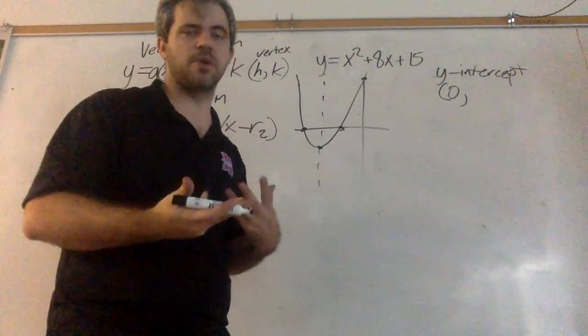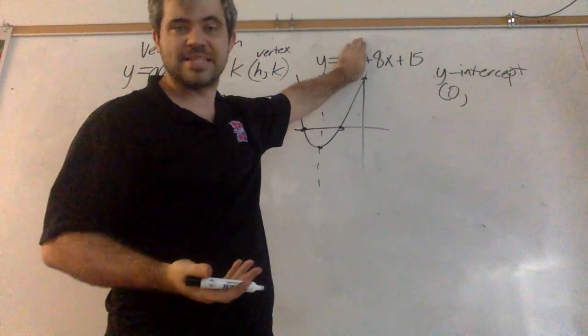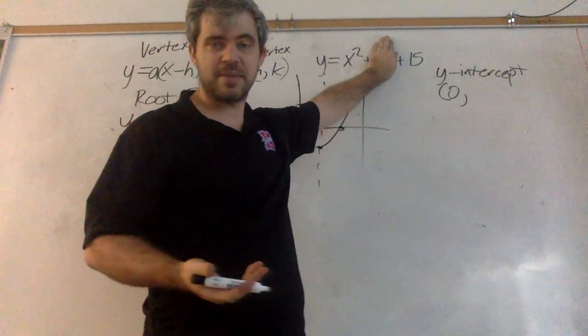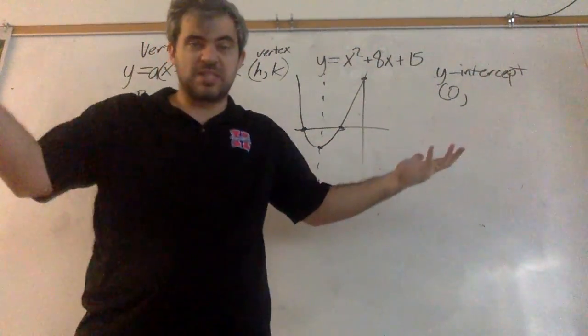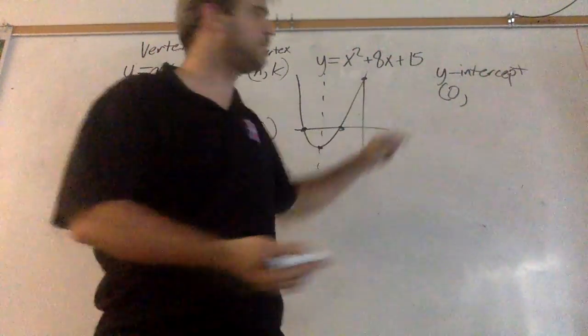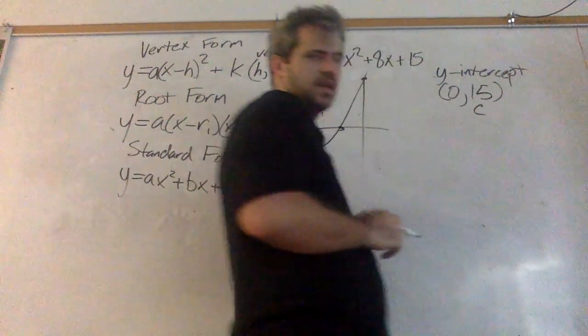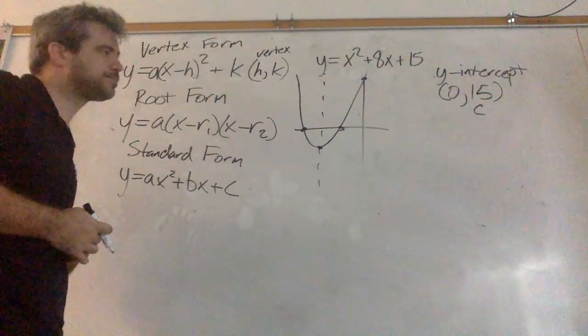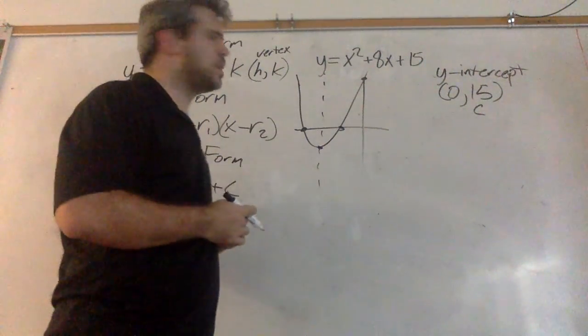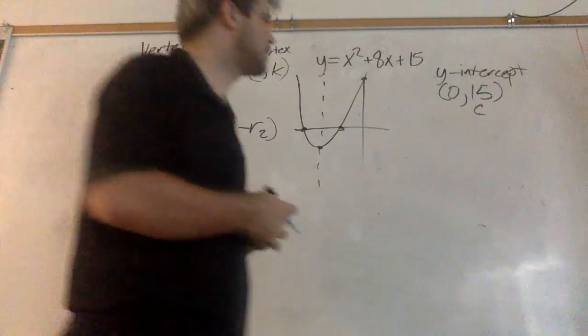So x is 0. That makes this 0, that makes that 0. So what's left? Well, it's this 15. Your y-intercept is always going to be the c in your standard form. All right, so we've got the y-intercept.